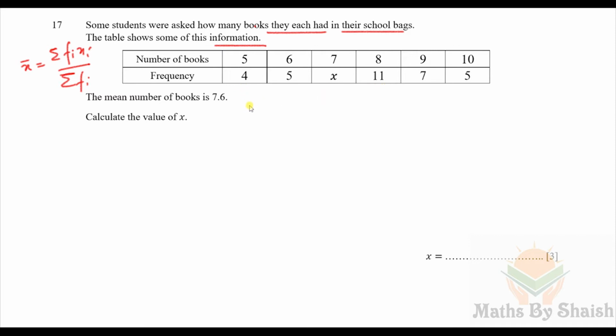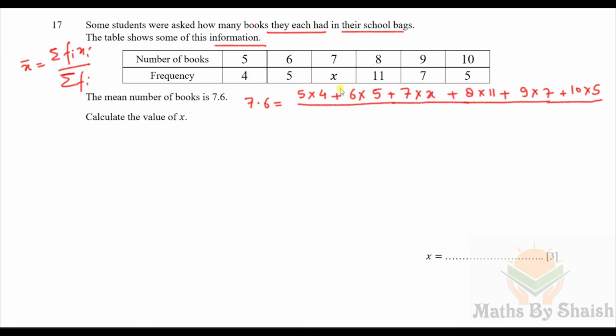So from here we get 7.6 equals 5 into 4 plus 6 into 5 plus 7 into x plus 8 into 11 plus 9 into 7 plus 10 into 5, and the whole divided by the sum of the frequencies: 4 plus 5 is 9, 9 plus 11 is 20, plus 7 is 27, plus 5 is 32, so 32 plus x. Now let's simplify it.